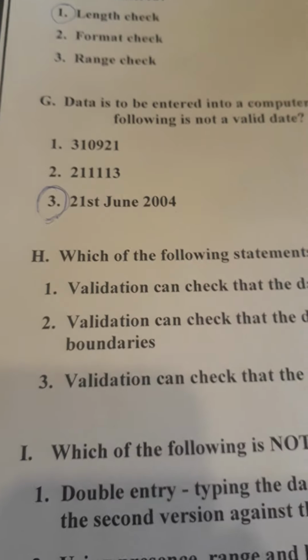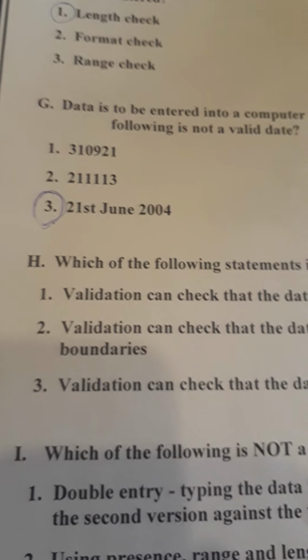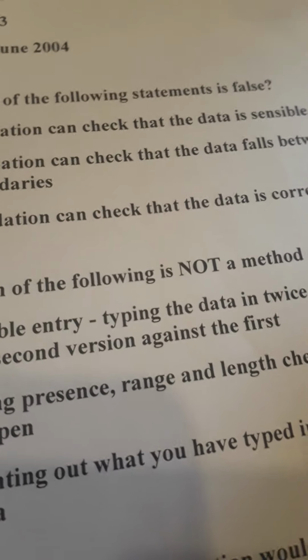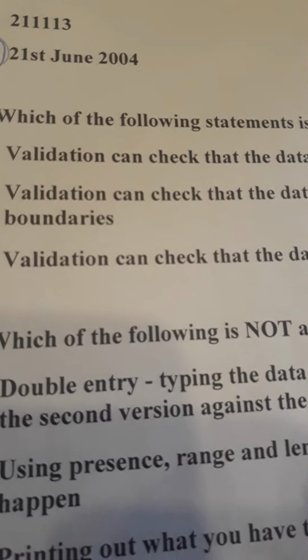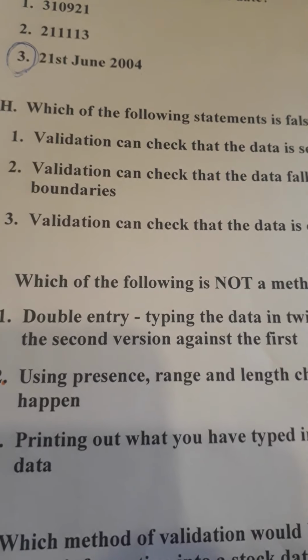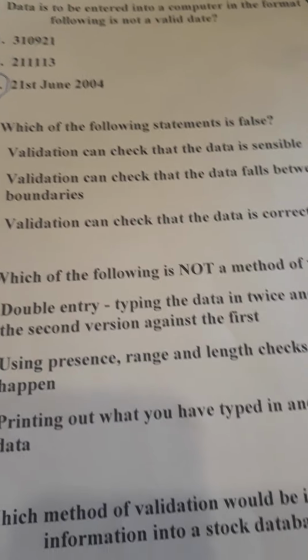H. Which of the following statements is false? Validation can check that the data is sensible. That's correct. It's not false. Validation can check that the data falls between certain allowable boundaries.